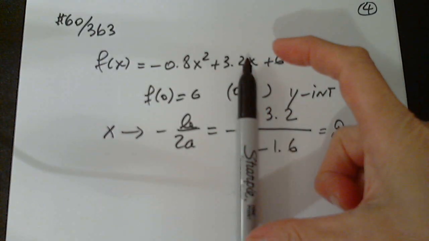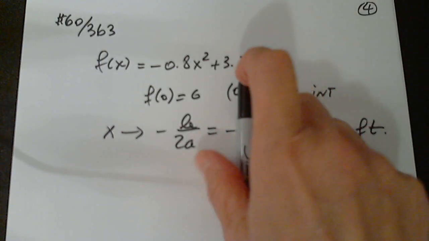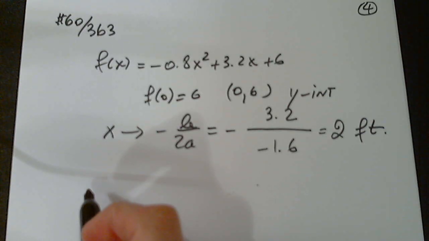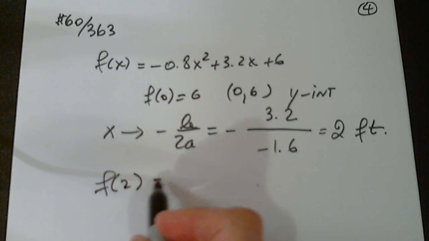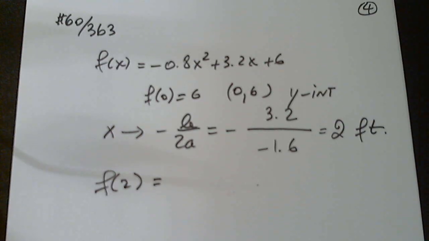But how do I determine the height? They want us to find the height. You will have to plug in 2 into the equation. Very good. And you know what I like to do? Punch in the graphing calculator your function, because you may need to evaluate it for other things.